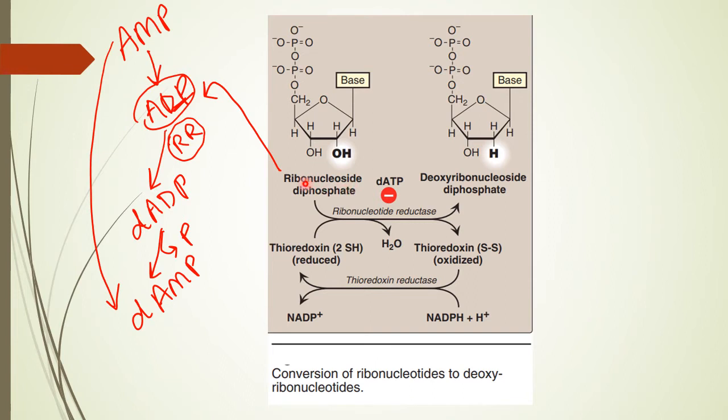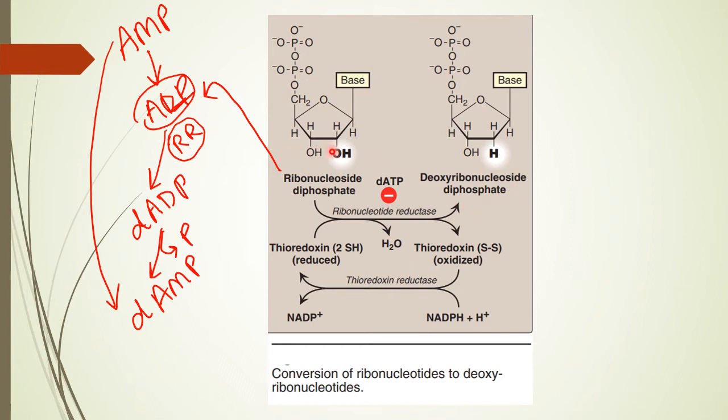So here is ribonucleoside diphosphate, which condenses with thioredoxin. It is basically a coenzyme for ribonucleotide reductase, and this is present in its reduced form. As you can see here, the two hydrogen atoms with the thiol group. So these hydrogen atoms of thioredoxin can be donated to ribonucleoside diphosphate, and it can become reduced to deoxyribonucleoside diphosphate.